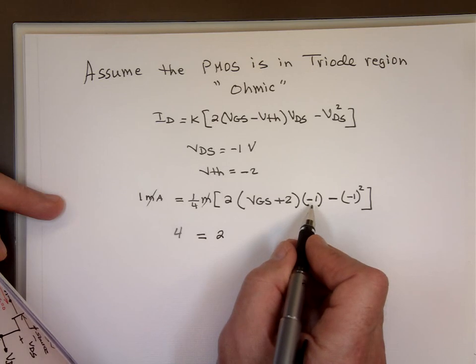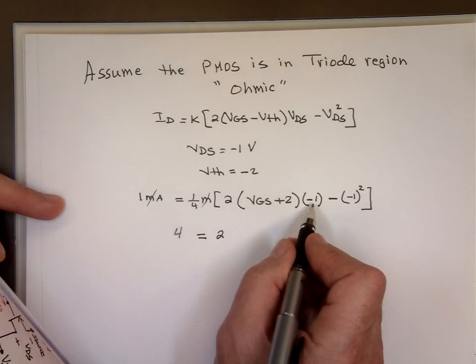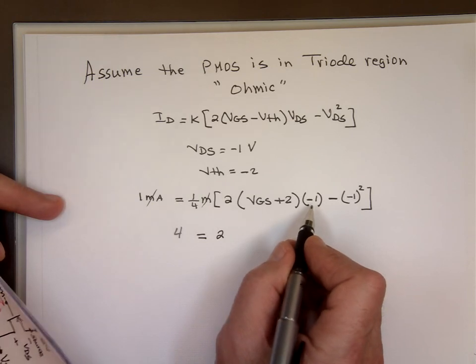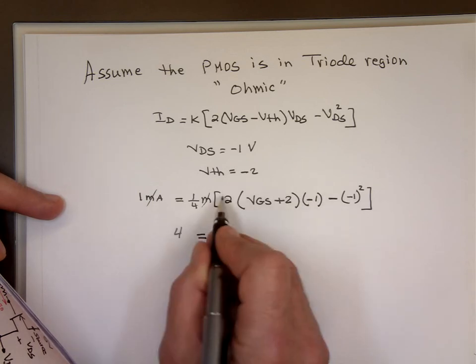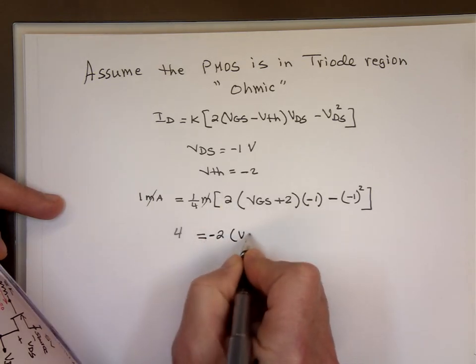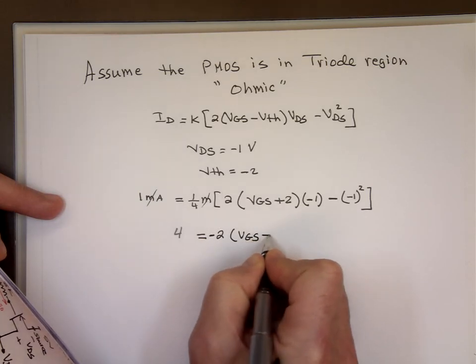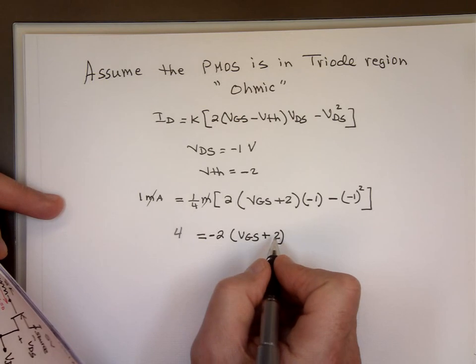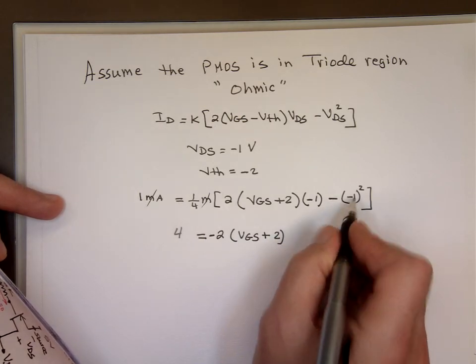Let's do the math and see what will happen here. Or you know what? What's minus 1 times 2? This will make that a minus 2. Let's do it this way: VGS plus 2 minus a 1.